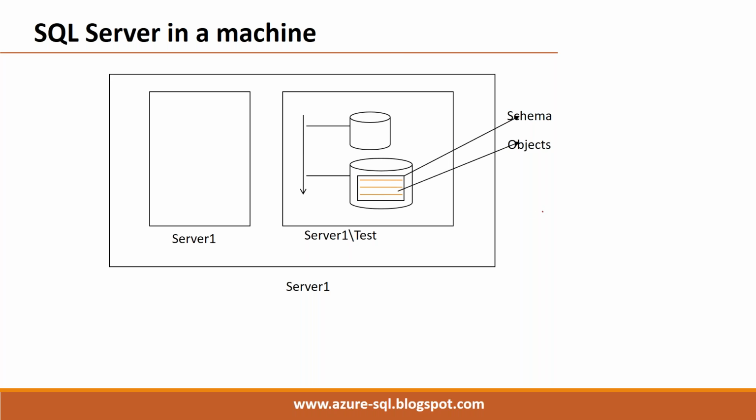Check here. One machine is there with the name server one. On that machine I have installed SQL Server two times. In general, whenever we install SQL Server one time, we call it one instance.